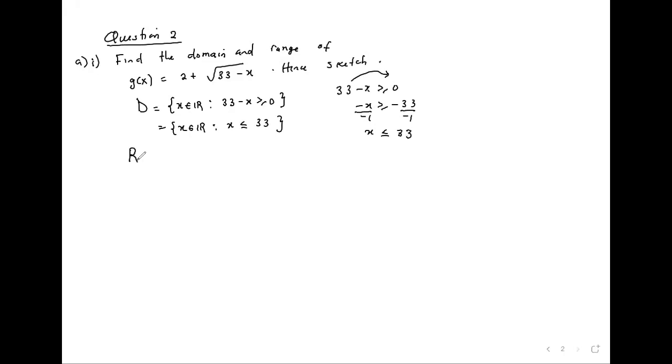In the range, since you have said that this should be greater or equal to 0, it will always feed you back with greater or equal to 0. So the minimum you can get is 2, all the way up to infinity. So at the sketch, you got the domain.